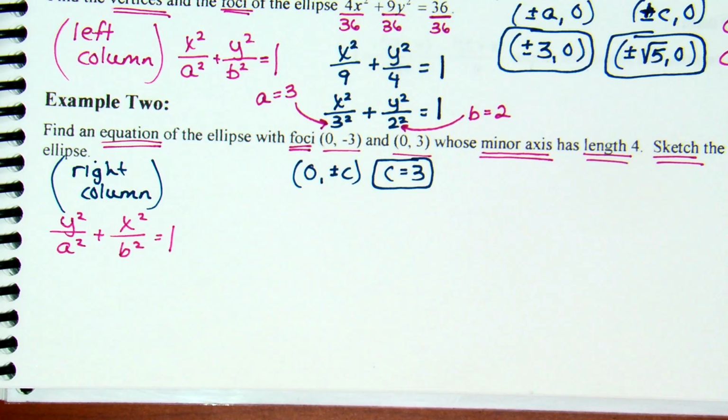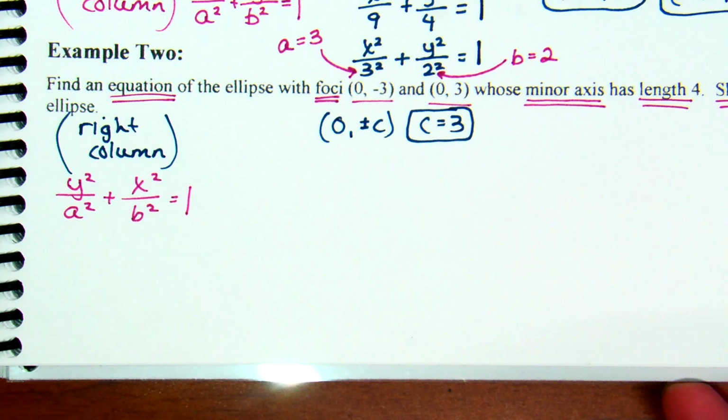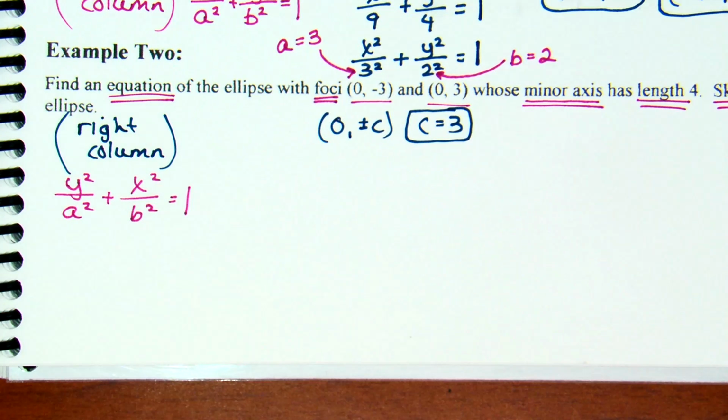Okay, so far so good. We know our c value. We know it's a right column because of how those foci are set up. What else can you come up with for me? Okay, they tell us minor axis is length 4.